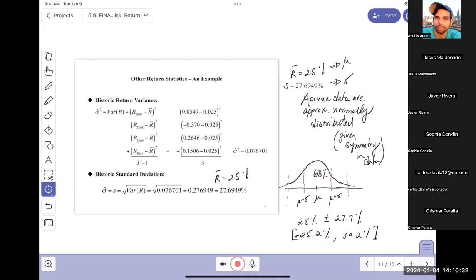Negative 25%. So since we assume this is representative of the population, we say 68% chance that the observations will be between negative 25 and positive 30.